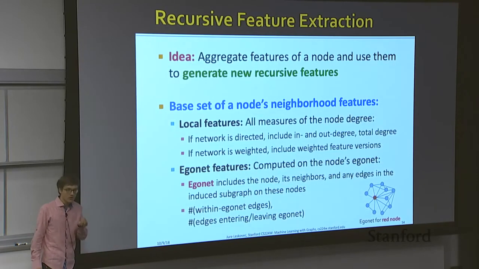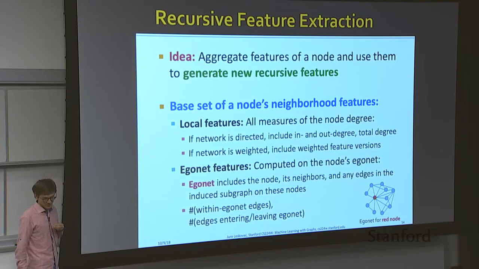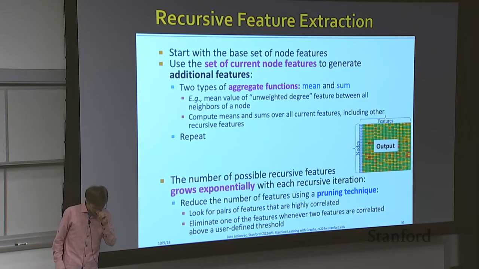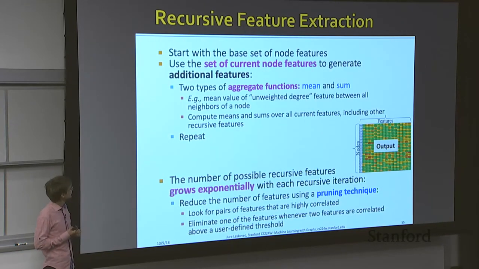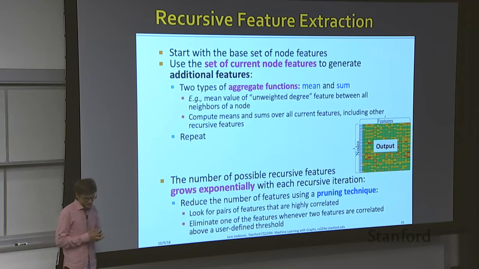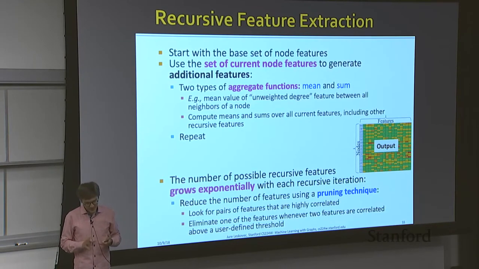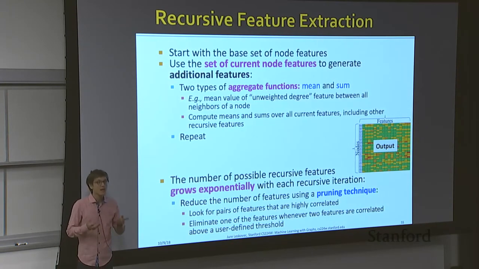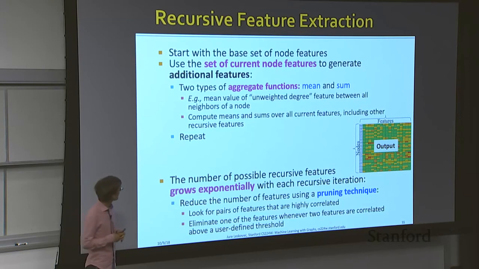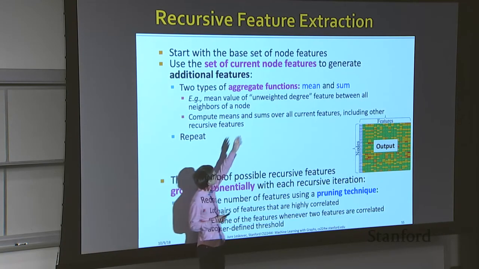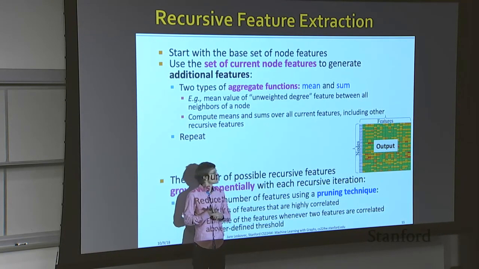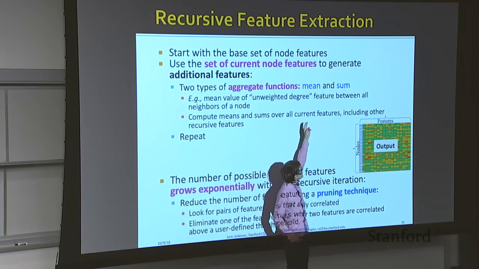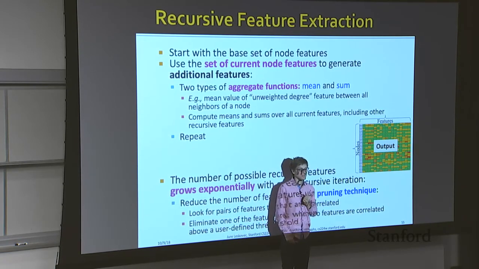Now I will do this recursive feature extraction. The way the recursive part will work is that we start with a base set of features and then use the set of current node features to generate additional node features. These additional node features will be generated by using different aggregation functions. In particular, I will use the mean and the sum aggregator functions.